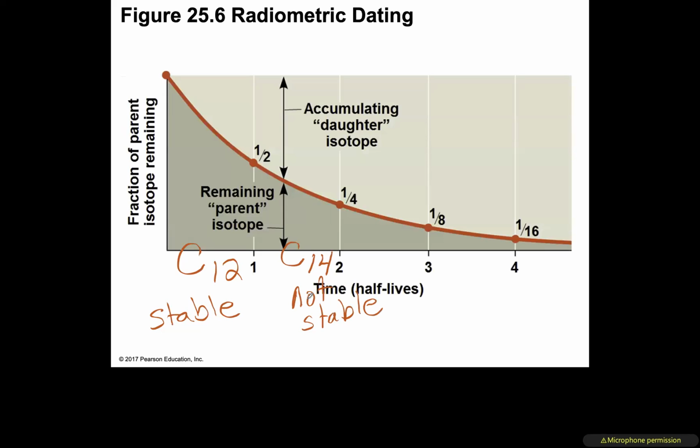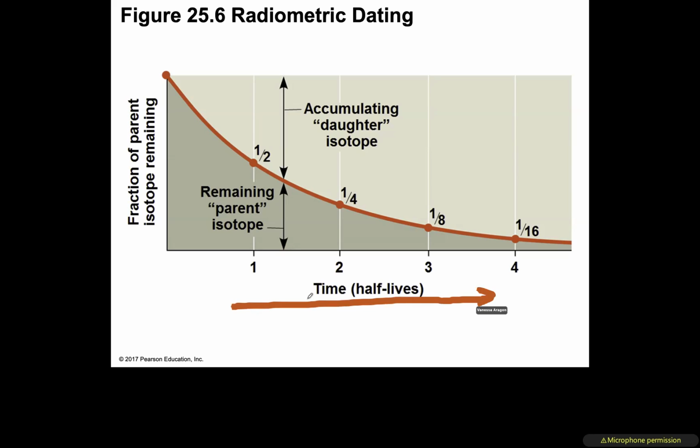And so if you look here at the chart of the half-lives, and so when you look at your radiometric dating, you can see this is the time in half-life. Time goes in this direction, the fraction of the parent isotope remaining. So what they'll do is they will check the amount of carbon-12 in a fossil and the amount of carbon-14 in a fossil.